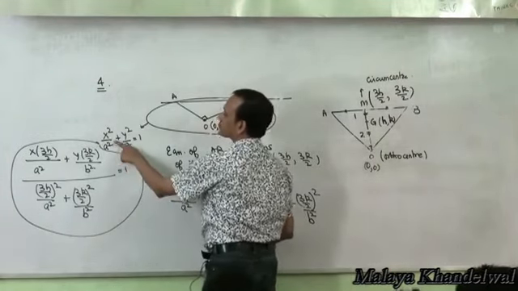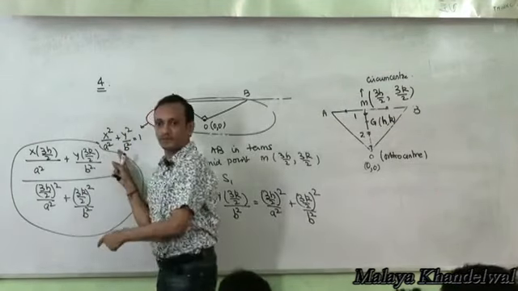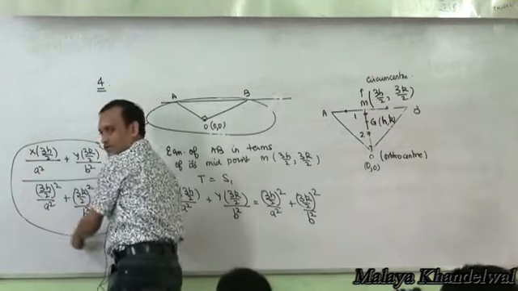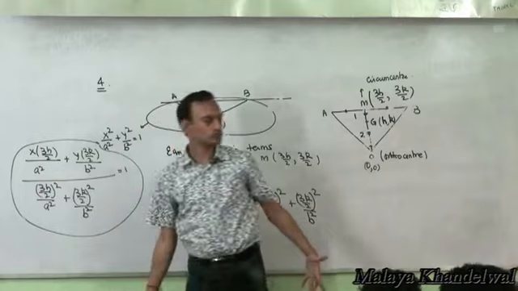This is the equation of the ellipse. I don't touch these second degree terms. This one I replace by this square. This one I replace by this square. Yes or no?